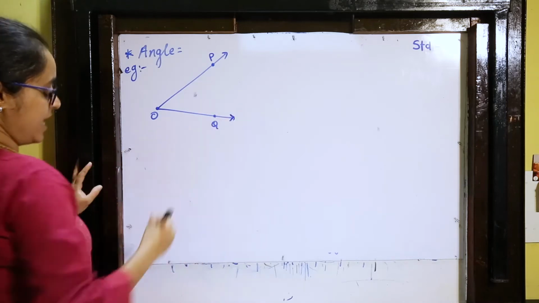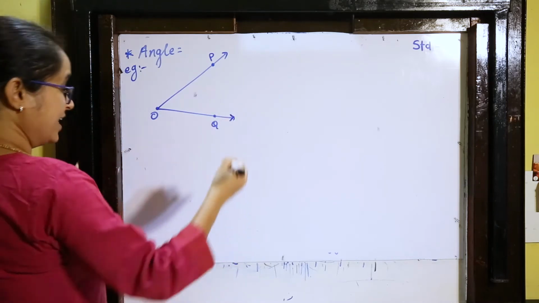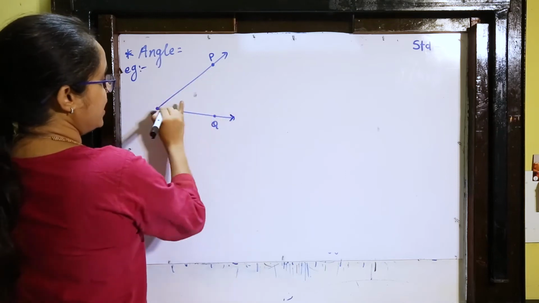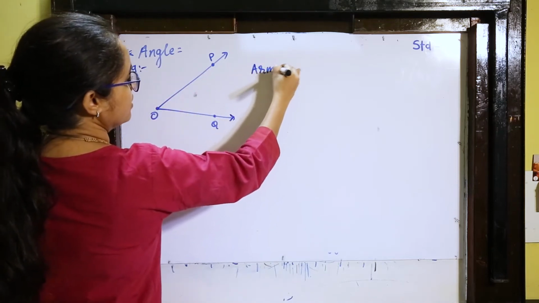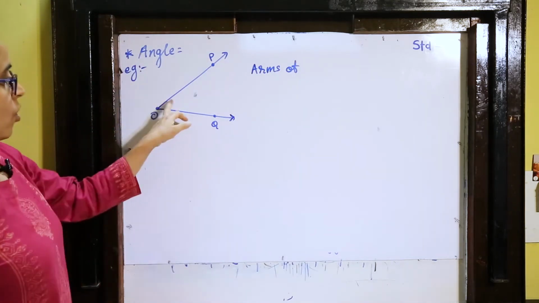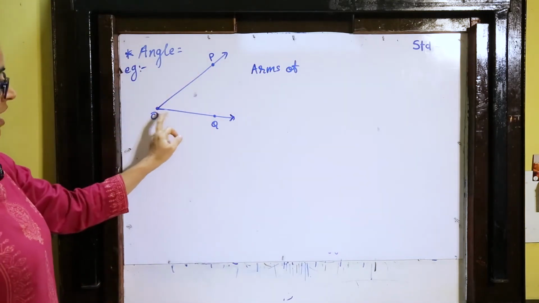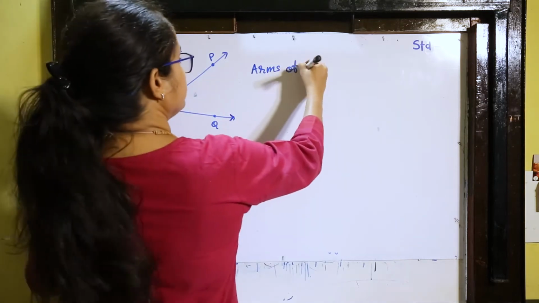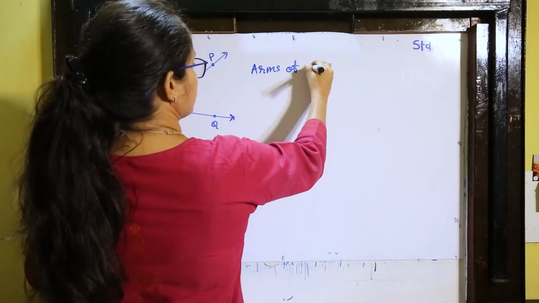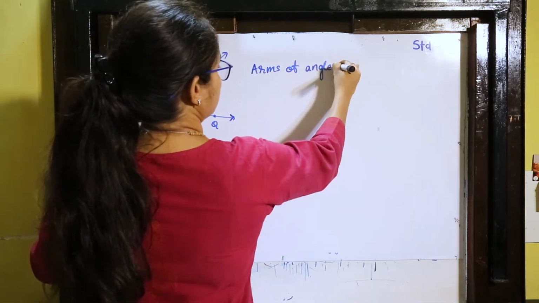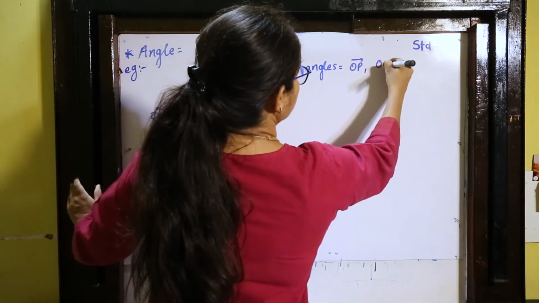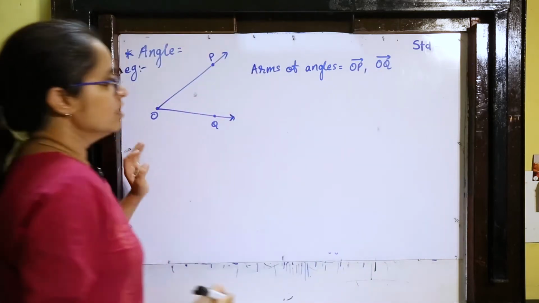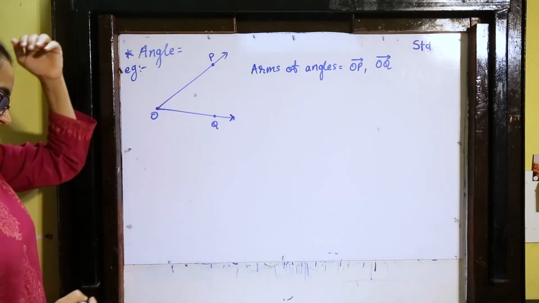When you draw this angle, write these two, OP and OQ, ray OP and ray OQ, are called the arms of the angle. Please write down arms of the angle.